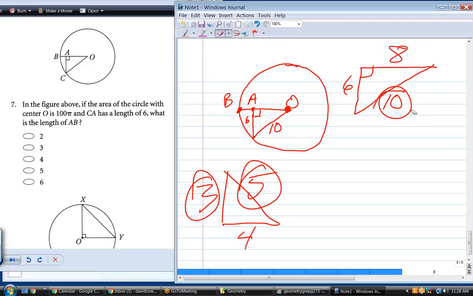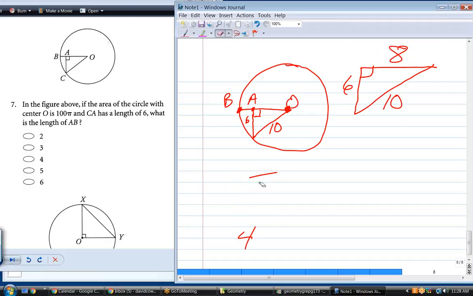So learn to recognize 3, 4, 5 triangles, because you'll run into it so much. You may not run into it in geometry class so much, but I guarantee all the tests you take to display your geometry skills, that's a huge thing to recognize. So, AO is 8.